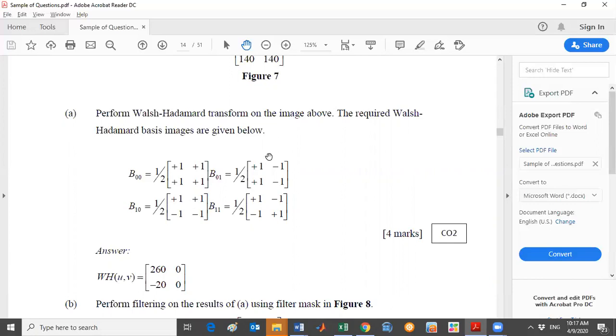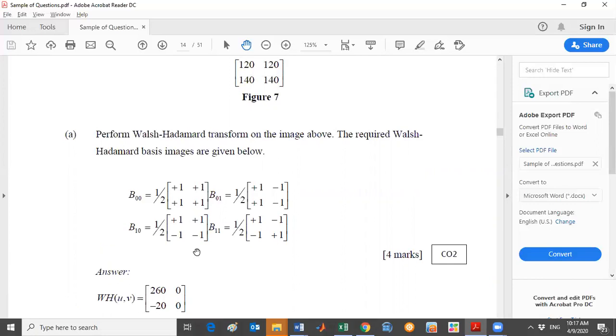If you look at this image, you can see that this is actually no change. Basically it shows the average brightness. So the average is about 130, right in the middle of 120 and 140. Except now because you have 2 columns, it becomes 260. So this zero frequency basically gives you the information about the average brightness.